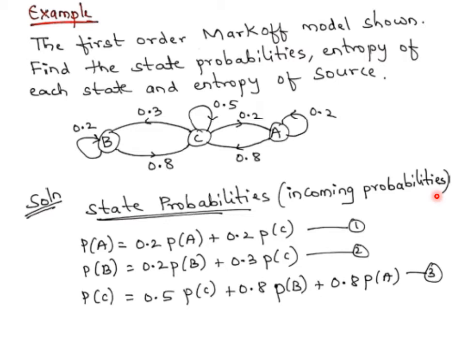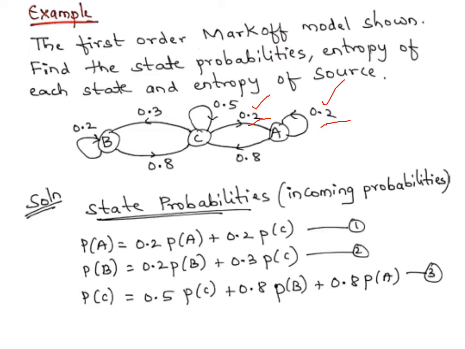So as we have 3 states, state A, state B, state C, we will have 3 state equations. So at state A, the incoming probabilities are 0.2 and 0.2. So this 0.2 is coming from state C and this is coming from A itself.